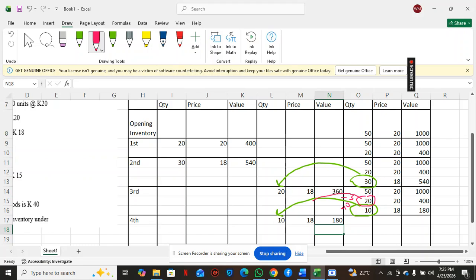Here you put 5 spare parts valued at 20 kwacha. So from these 15 spare parts that we've sold, 10 are valued at 18 kwacha and 5 are valued at 20 kwacha.